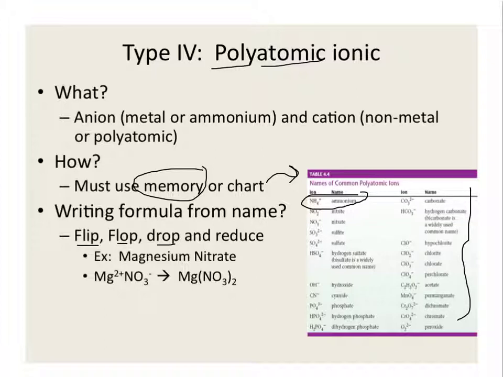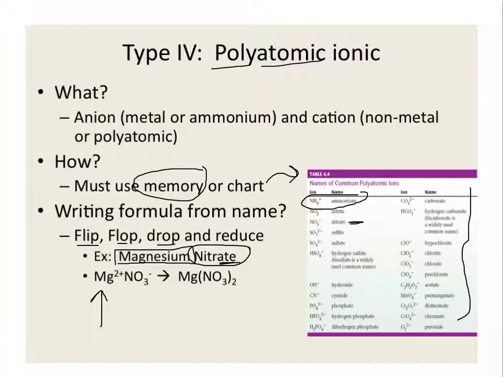So magnesium, we recognize that that is just a single cation in that case, so go ahead and use the periodic table, forms a +2 charge. We see the word nitrate, that indicates not nitrogen, that would be called magnesium nitride. This is one of the ones you need to know. So if you look over here, nitrate is there, and we would memorize that that has an NO3 and then -1 charge.